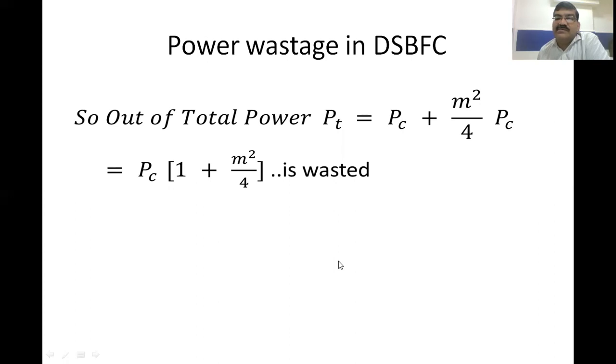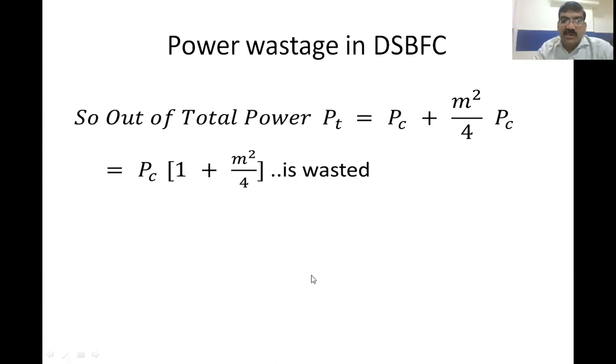Yes, sir. This power waste, PC into 1 plus m square by 4, is with reference to which signal? It should have some reference, no? Sorry, sir, I'm not recalling it.